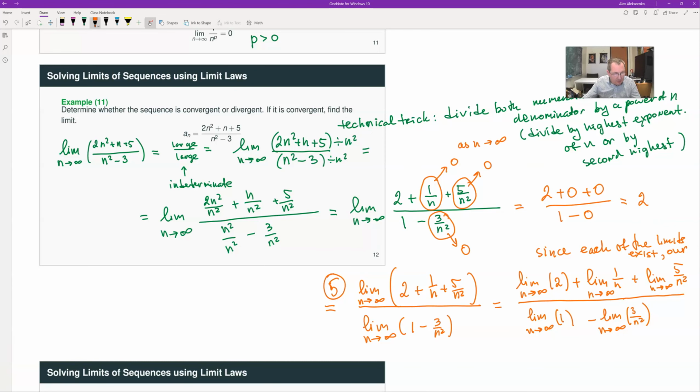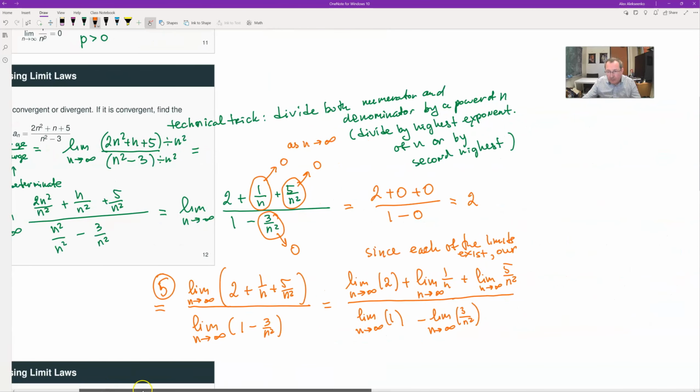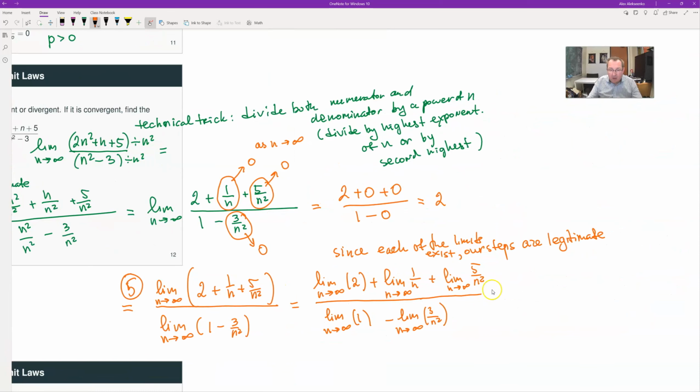Okay, let me move here a little bit. And to conclude the steps, we evaluate the limit. So it's going to be 2 plus 0 divided by 1 minus 0, altogether 2. Now, for the sake of training, I would encourage you to go step by step at least a couple of times so that you connect the evaluation of limits with the particular law that we use.